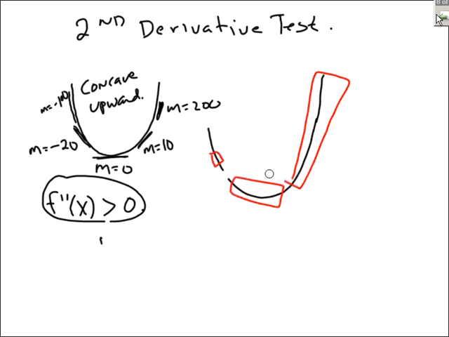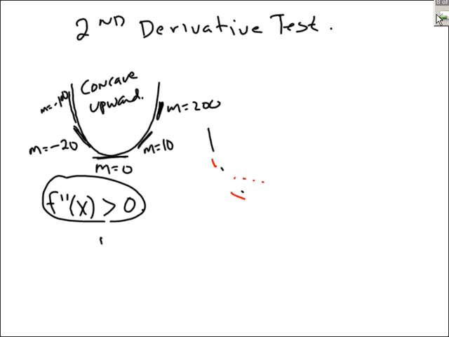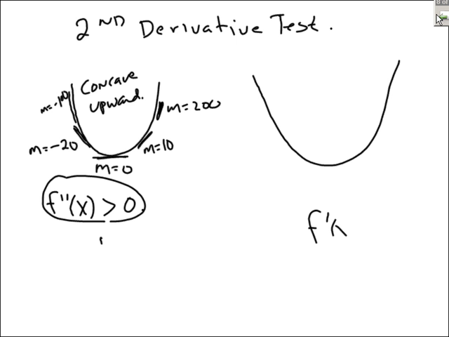Now, let me erase this, and I have a comment to make. Like I just said, that's concave up. The second derivative, denoted f double prime, is greater than 0. But like I said, sometimes the slopes are negative, sometimes the slopes are positive.